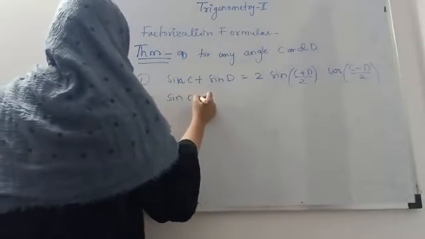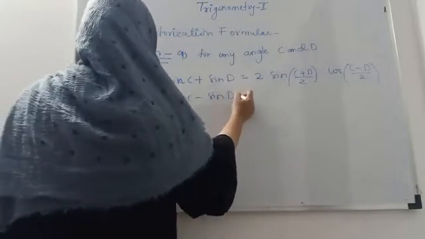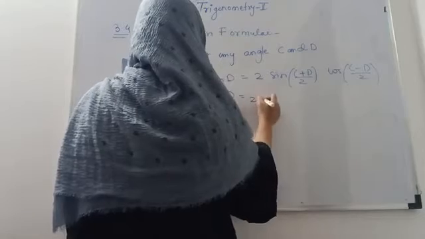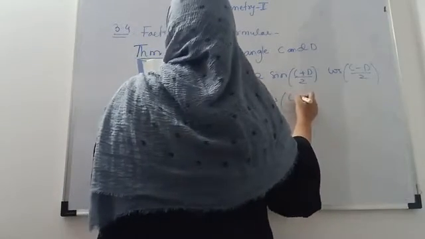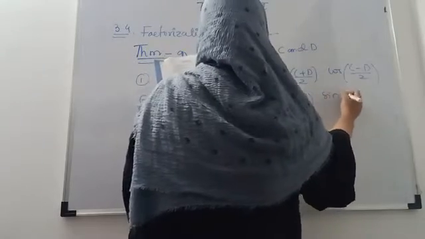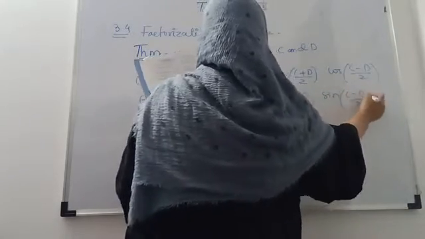The second one is sin C minus sin D is equal to 2 times cos C plus D upon 2 into sin C minus D upon 2.